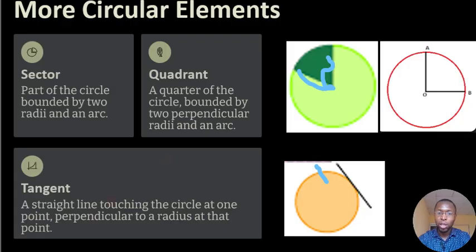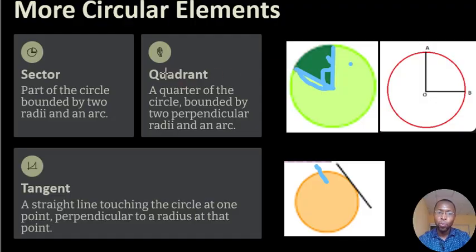So let me show it again. It shows like this. This is one of them. Then this is another one of the radii. And then this is the arc. So a sector is a region, this region here, bounded by an arc and two radii, this and this.